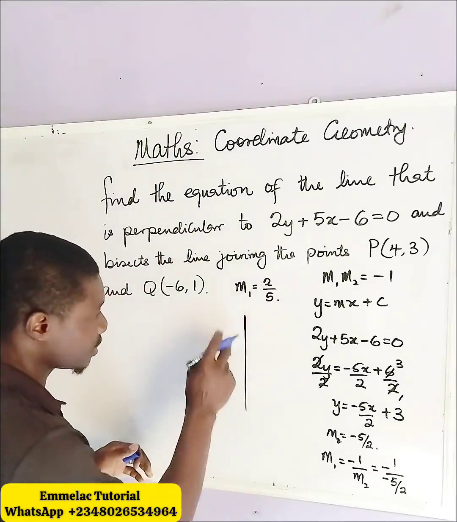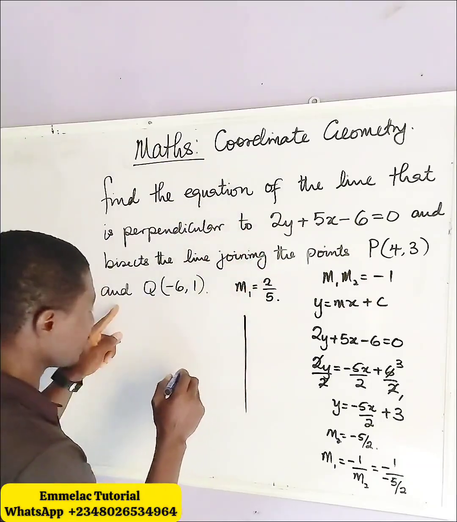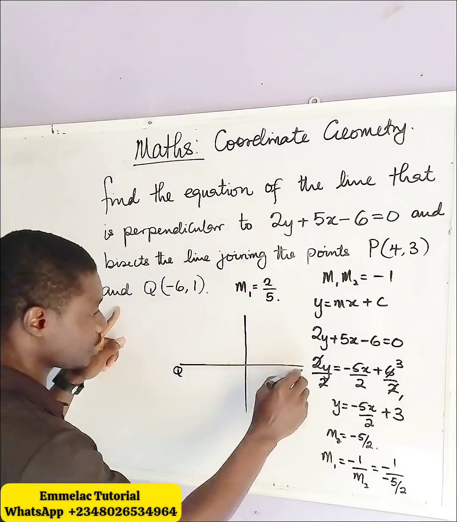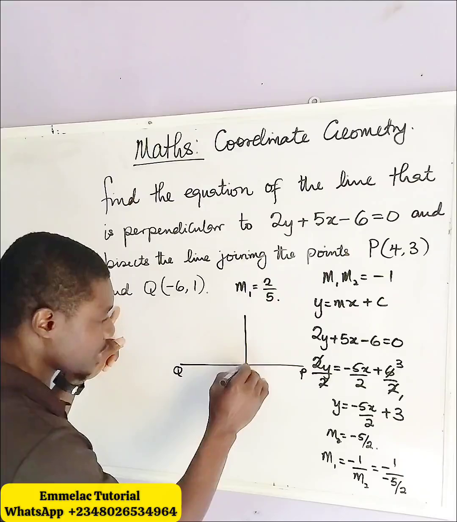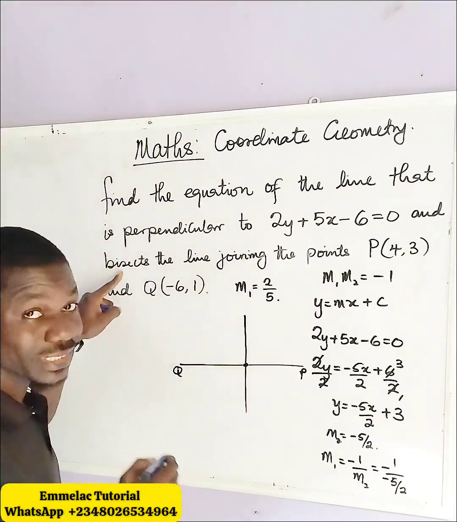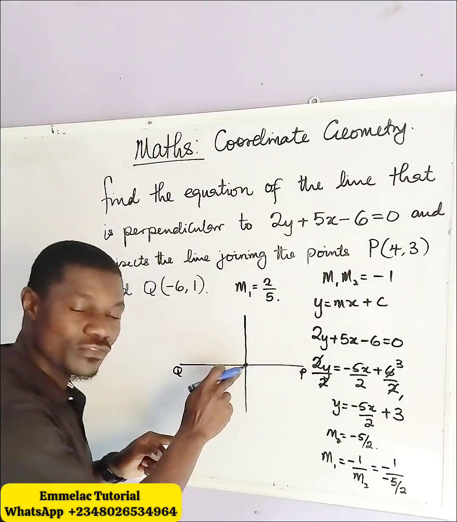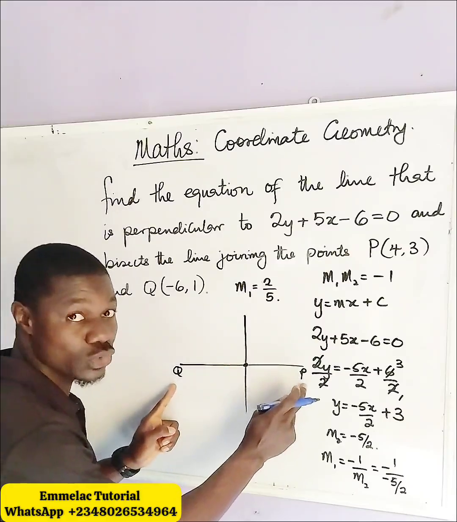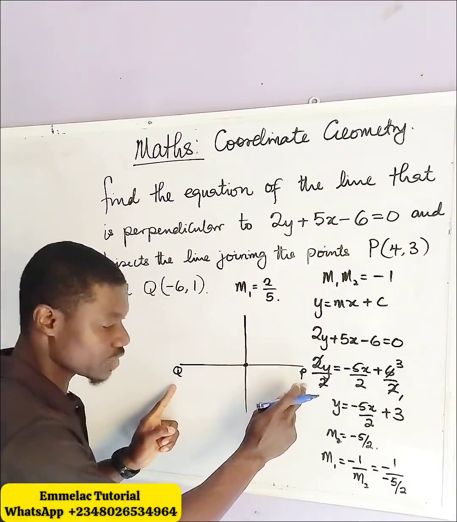Let us say this is Q and this is P. At this point here is the midpoint, because it bisects. So for us to calculate this, we have to find the midpoint between these two coordinates.